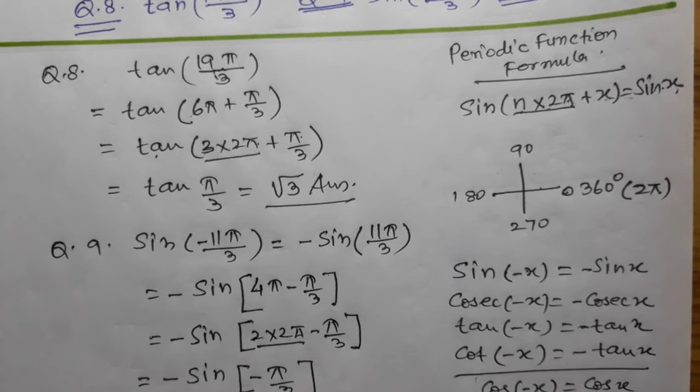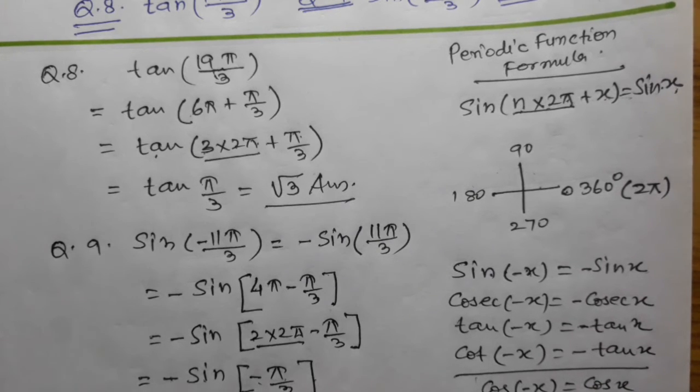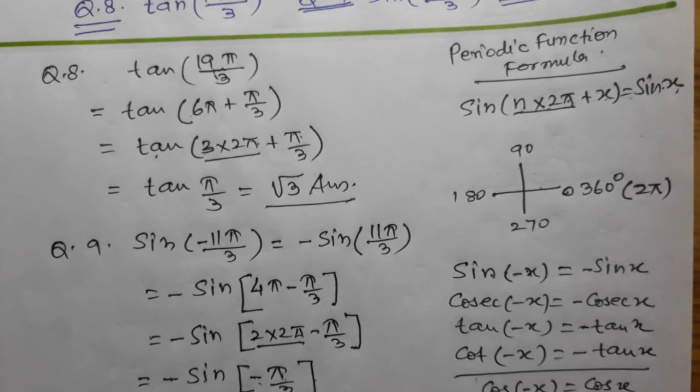Okay, and sine of minus x will be minus sine x, so it is minus sine pi by 3.